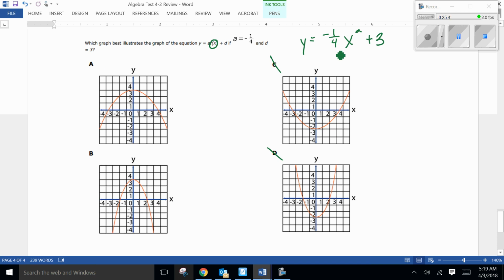And I'm going to have a vertical compression, meaning it's going to push down vertically, or push towards the x-axis. So if I imagine which one of these I'm pushing towards my x-axis, we should choose A because it has become wider.